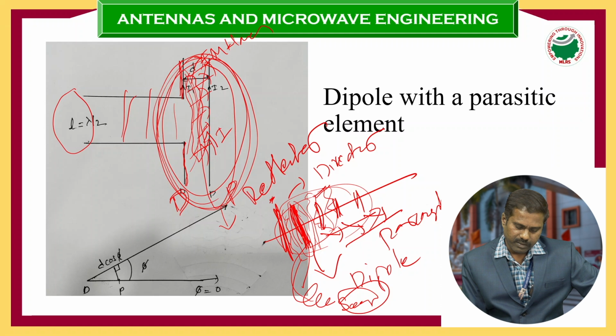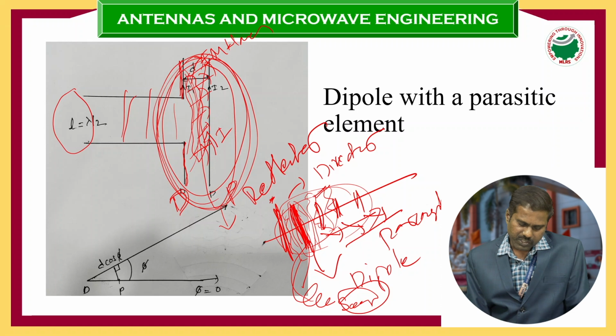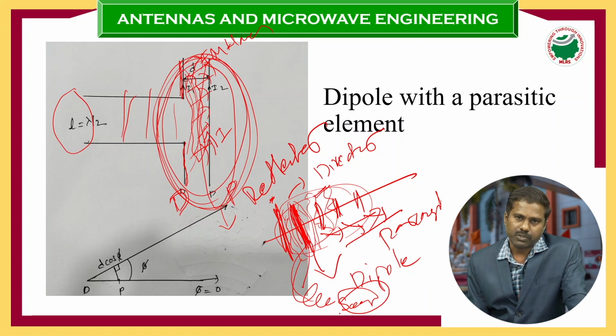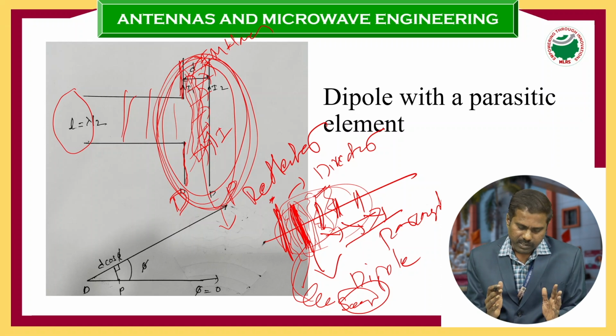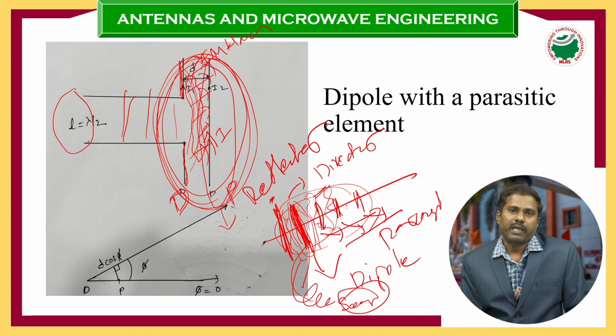Whenever this main radiator, that is nothing but the director or dipole element, is excited by giving the source, it radiates some radiation, and that radiation will be incident on all the other parasitic elements. Again, these parasitic elements will get some induced current.